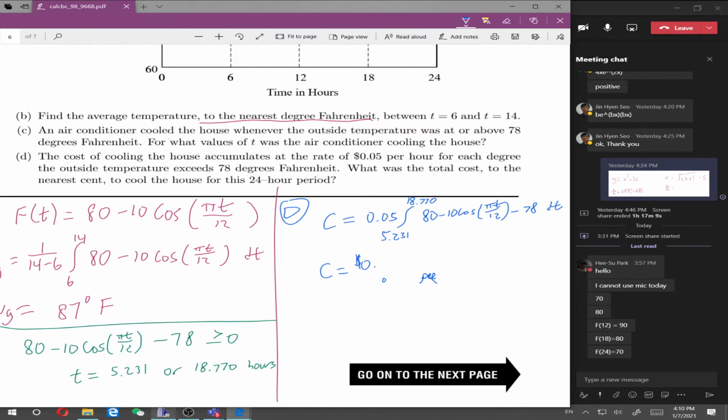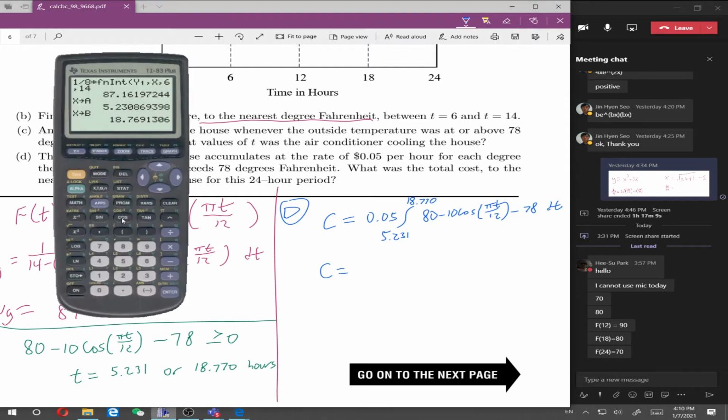Okay, so now I need to go in the calculator and actually figure out what this cost is. I check my y value right now. I am not subtracting by the 78, so I needed to throw that into my equation when I integrate this. This is 0.05 times math 9.